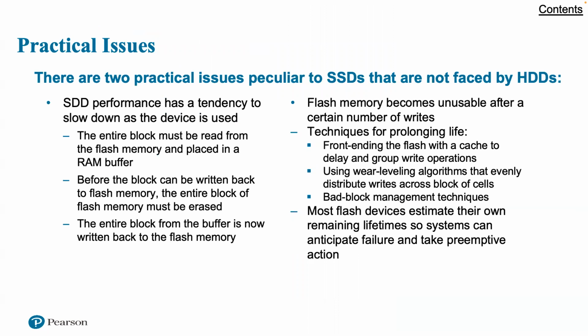So there are two practical issues that are peculiar to solid state drives that are not faced in HDDs. First, SSD performance has a tendency to slow down as the device is used. To understand the reason for this, you need to know that files are stored on a disk as a set of pages, typically 4 kilobytes in length.